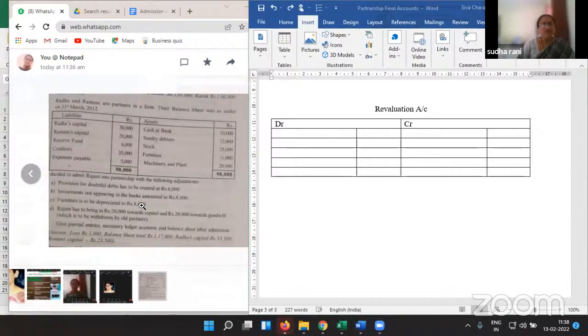Investments not appearing in the books amounted to 8,000, which means an increase of asset. Furniture is to be depreciated by 8,000, a decrease of asset. Rajni has to bring 20,000 towards capital and 20,000 towards goodwill, which is to be withdrawn by the old partners. You are asked to prepare journal entries, ledger accounts, and the balance sheet. So let us start this.